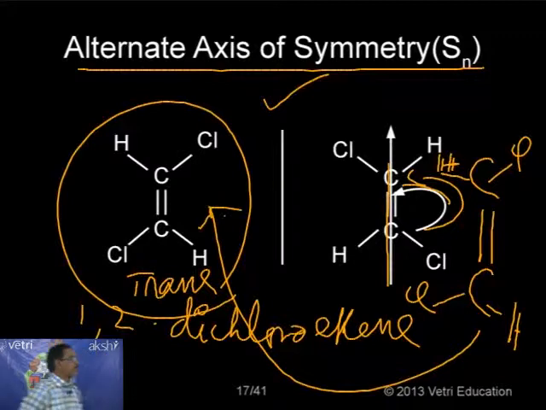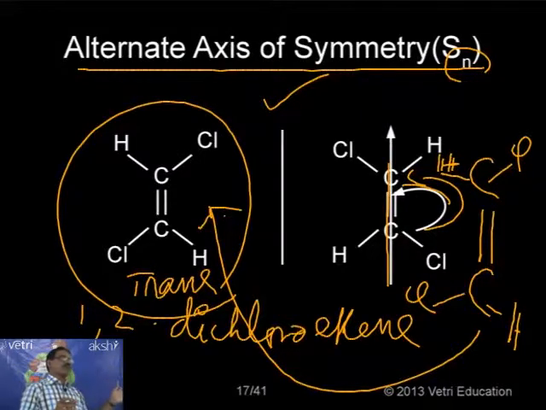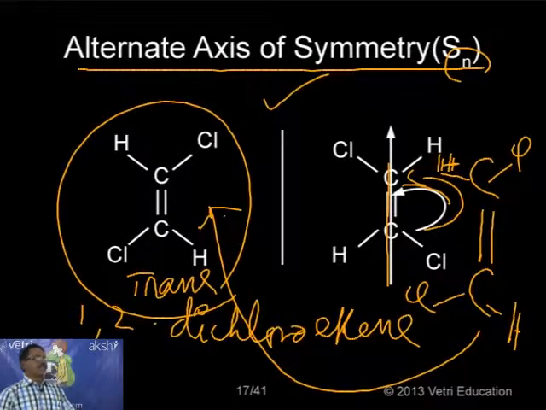What is the alternate axis? Usually indicated by Sn, S for alternate axis, n again the angle of rotation. Now, take any molecule, take a mirror image. After taking the mirror image, construct a model and rotate through any angle of rotation. Then, when you are rotating, compare with the original configuration. If it coincides, that particular molecule is said to have an alternate axis of symmetry.